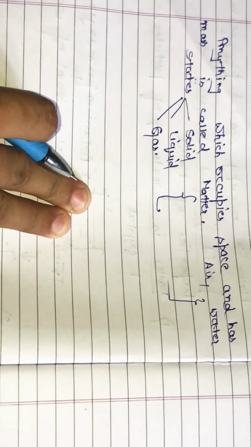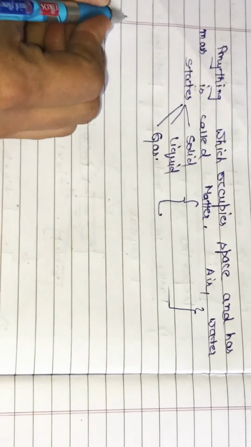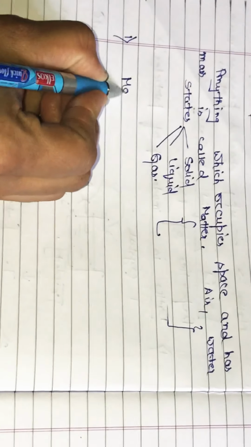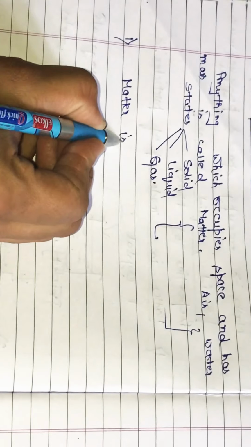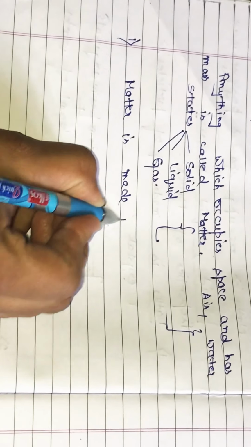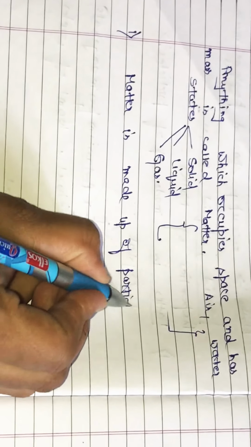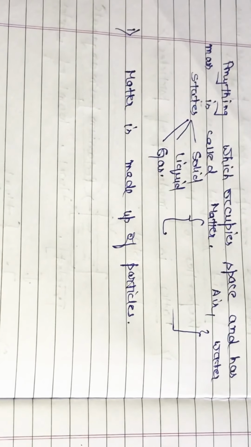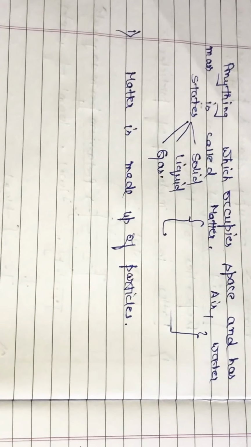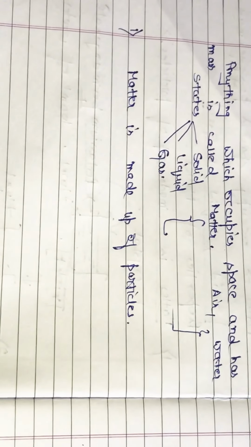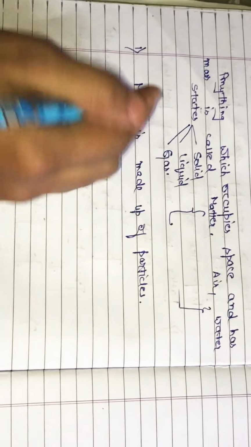First we will start with matter only, and we will conclude that matter is made up of particles. For this we will do two to three examples based on your textbook, as they have explained with the help of a small activity.